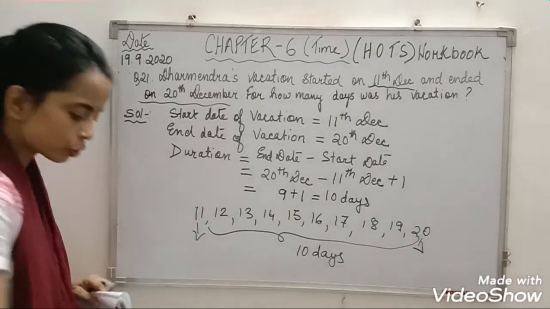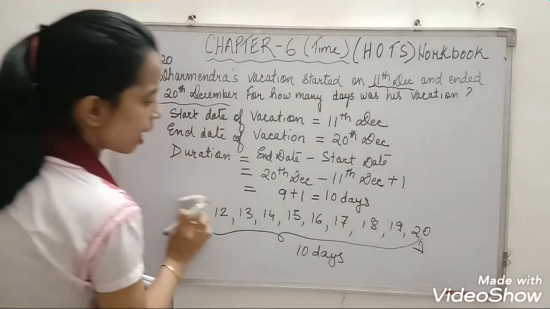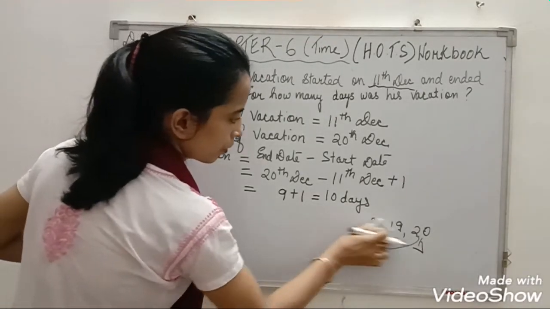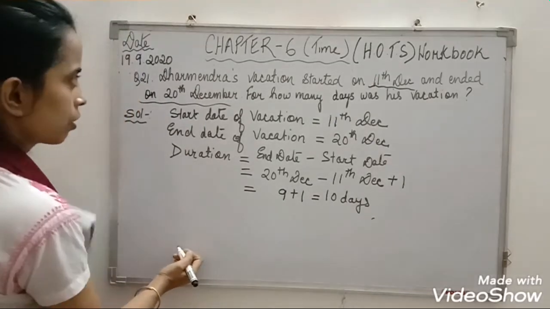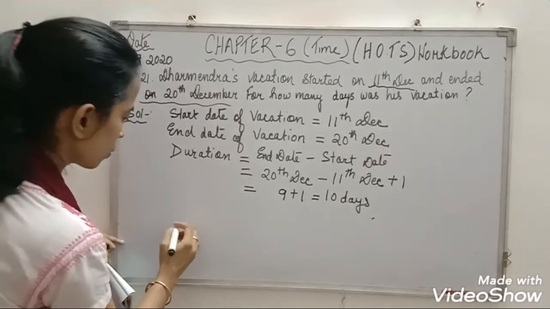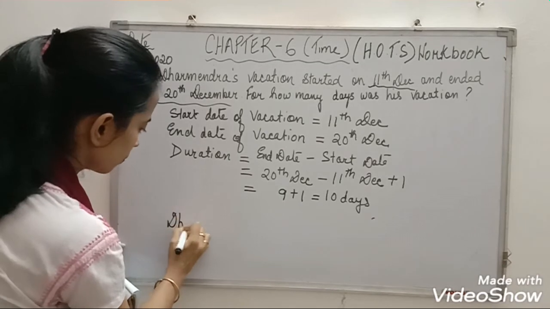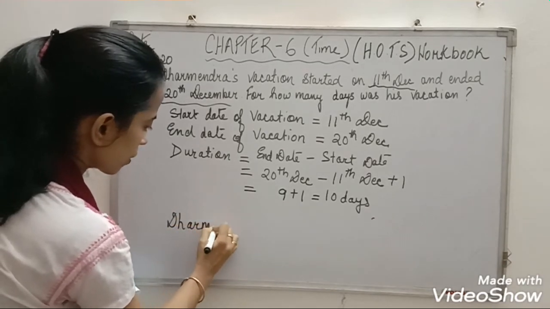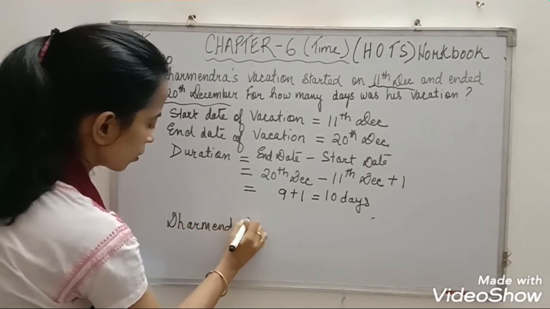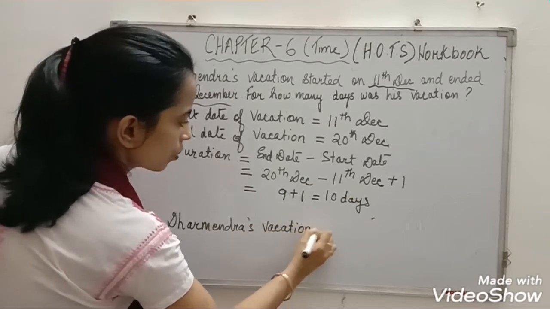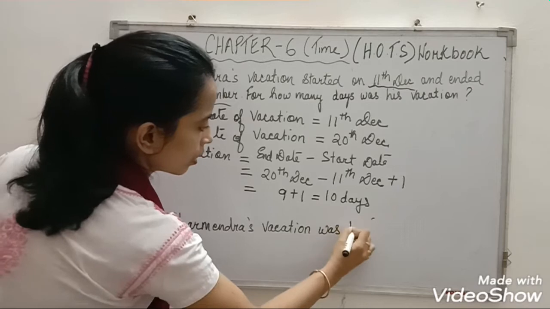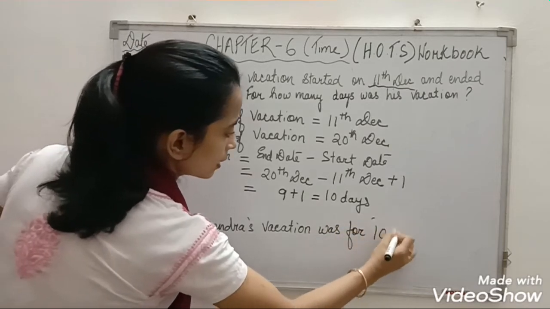Alright children? So what will we write at the last? For how many days was his vacation? So Dharmendra's vacation was for 10 days.